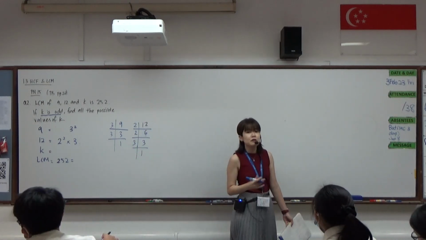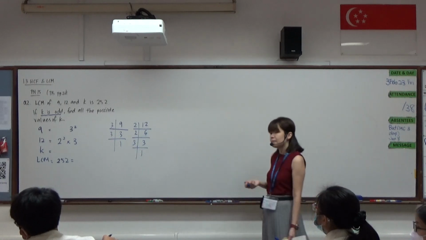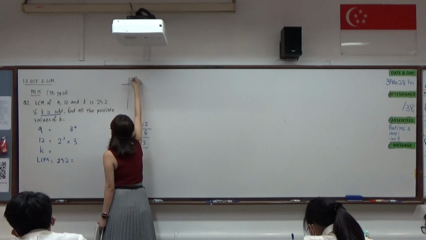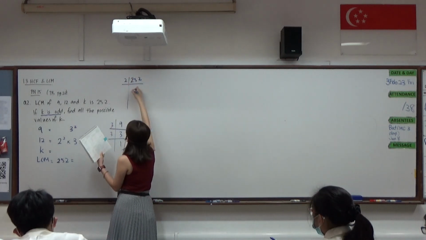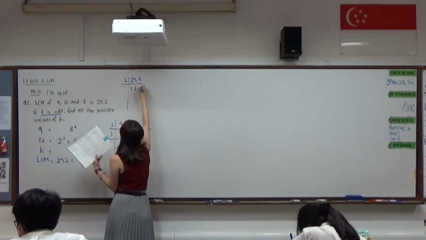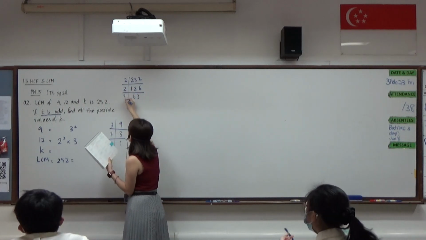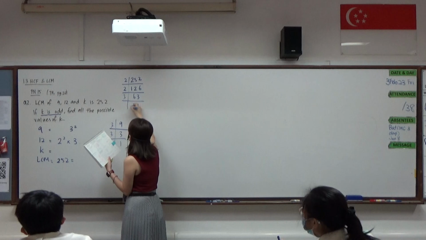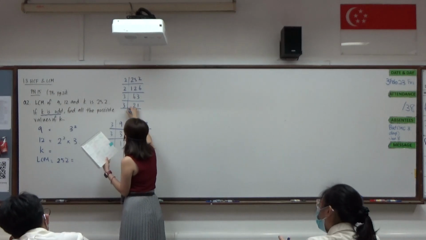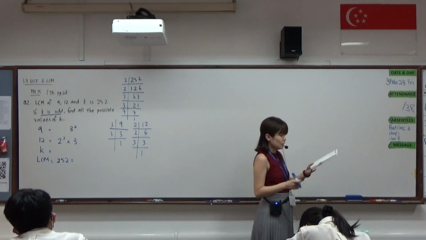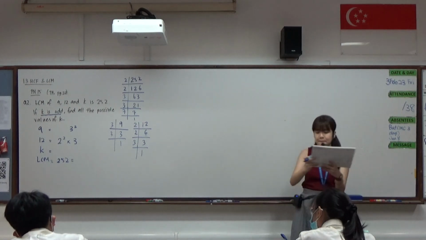Then for 252, that one may be slightly more challenging, so let's work it out. 252, we can divide by 2 to get 126, then 63.